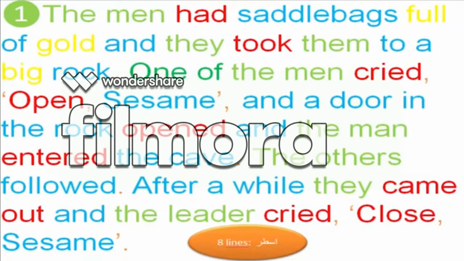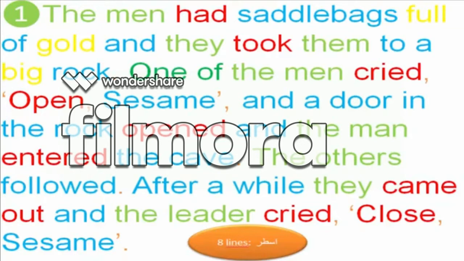The men had saddlebags full of gold and they took them إلى أين؟ to big rock إلى صخرة كبيرة. Notice here the adjective is big and the word rock is a noun اسم صخرة. إذا في اللغة العربية نقول صخرة كبيرة، والعكس في اللغة الإنجليزية، نقوم بذكر الصفة أولا: big adjective then rock noun. The men had saddlebags full of gold, they took them to a big rock.